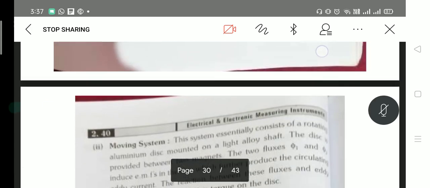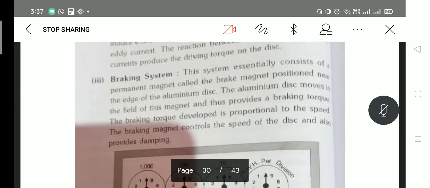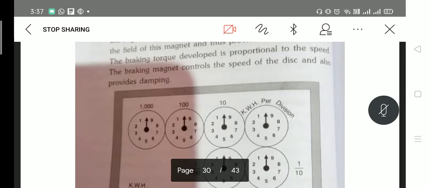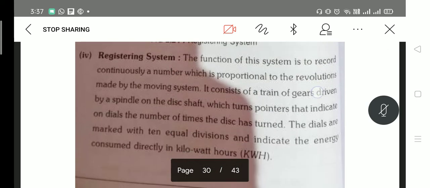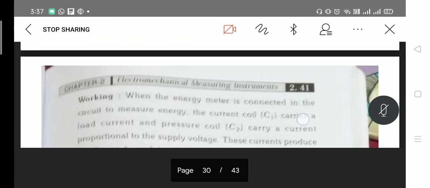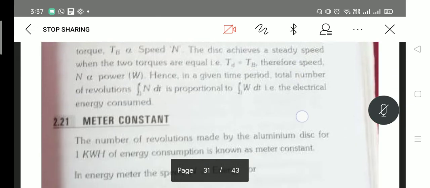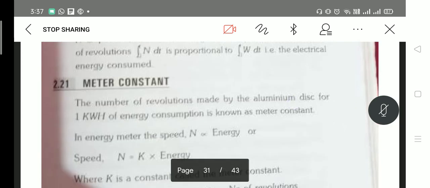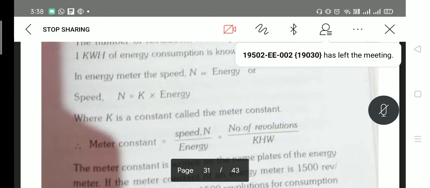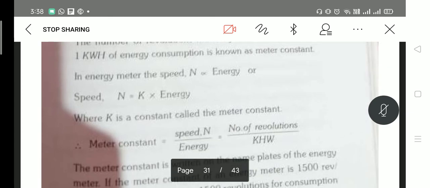In this energy meter also we have problems, so remember these formulas. TD is proportional to VI cos phi, and TD is equal to TB. The meter constant is speed by energy, that is number of revolutions by kilowatt hour.